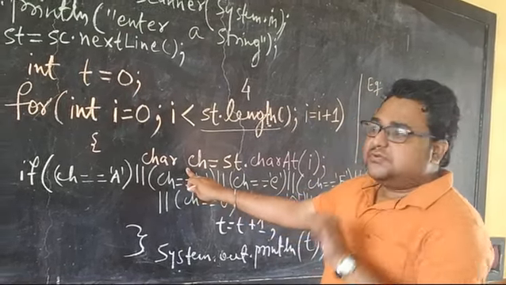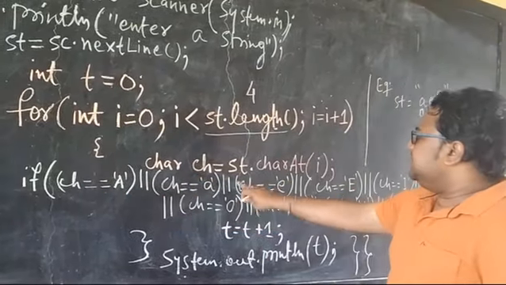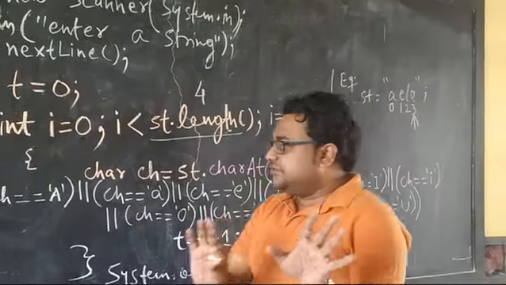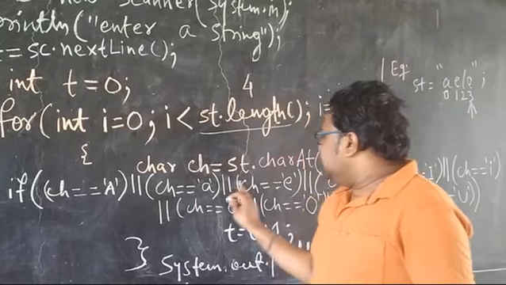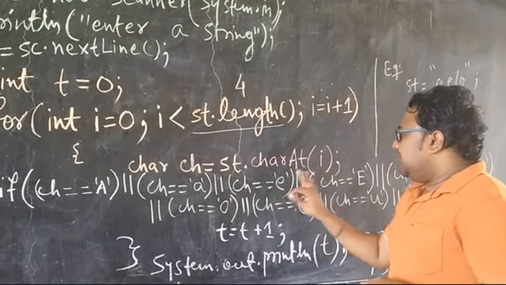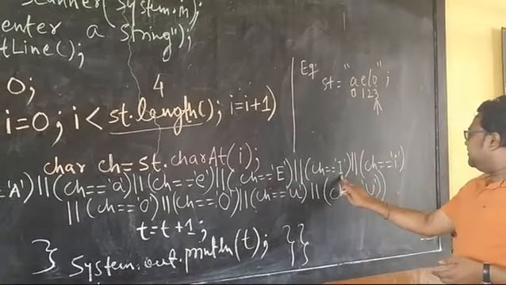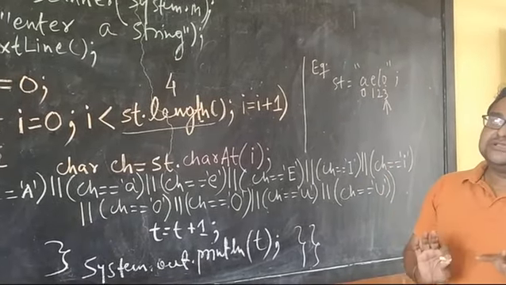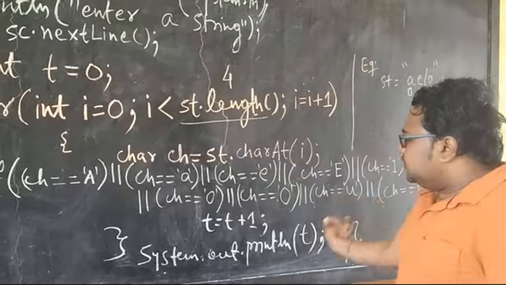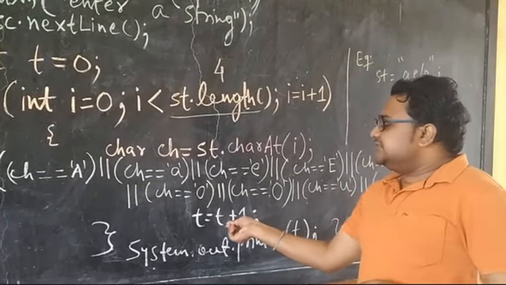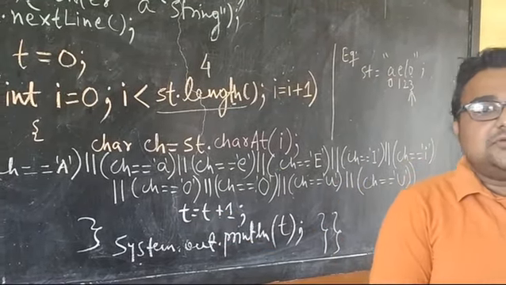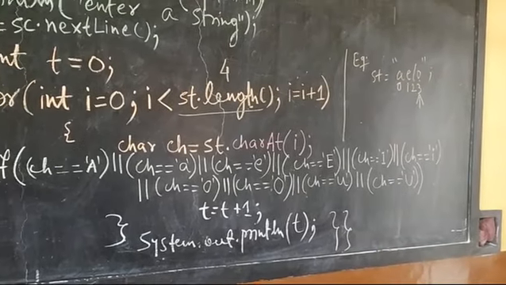Once it finds this, it will check whether A is in the list or not. I check for all 10 vowels, uppercase and lowercase: small a, capital A, small e, capital E, small i, capital I, all 10 I check. If it is true, the value of t will increase by 1.